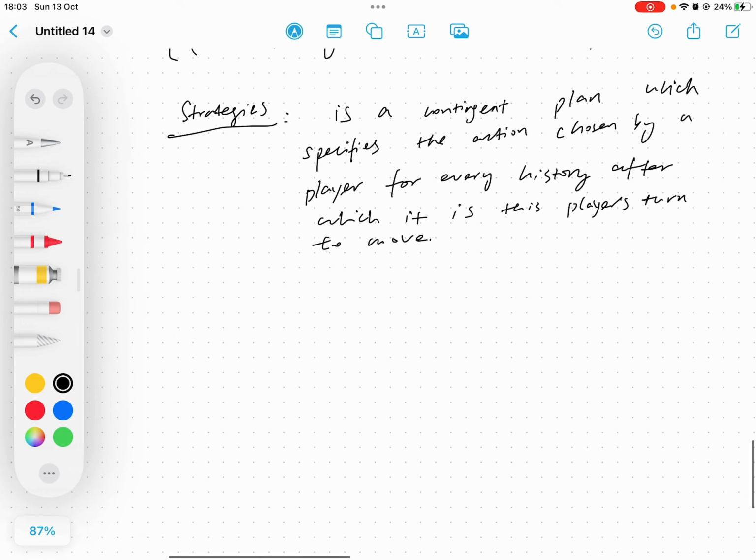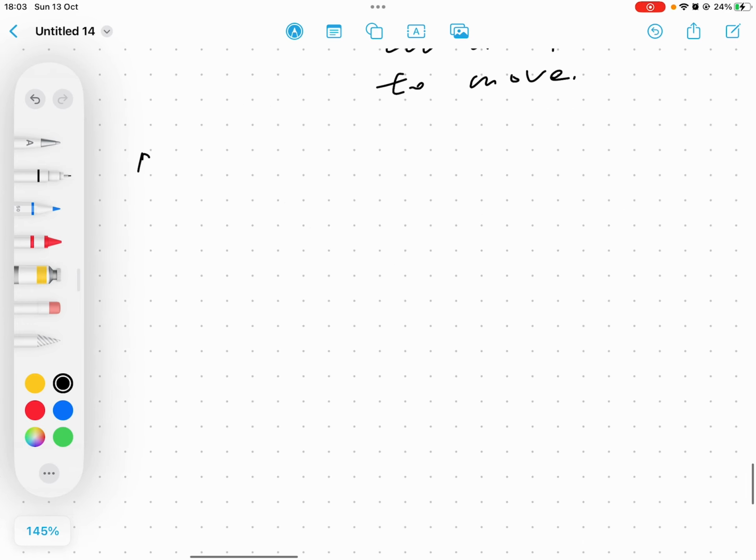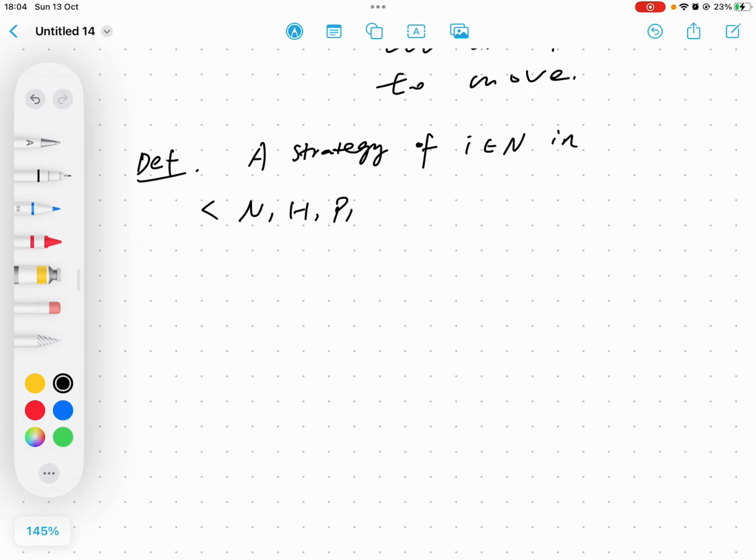So how about the formal definition? Okay, so a strategy of a player i in an extensive game with perfect information and preference.